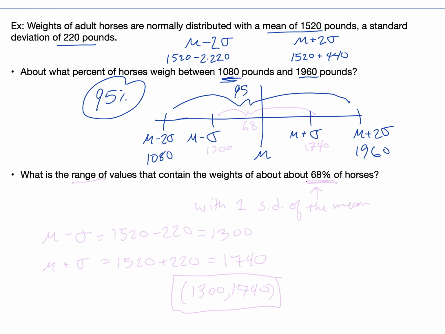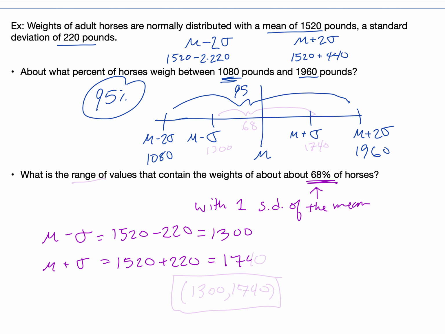So for the next question, what range of values contains the weights of about 68% of horses? So 68%, we know that that's within one standard deviation of the mean. So that means one standard deviation on either side. The mean minus one standard deviation would be 1520 minus 220, which would give us 1300. And the mean plus one standard deviation would be 1520 plus 220, which would give us 1740.